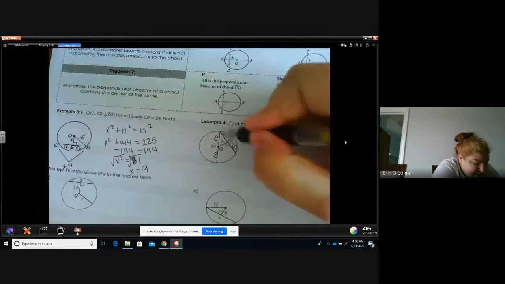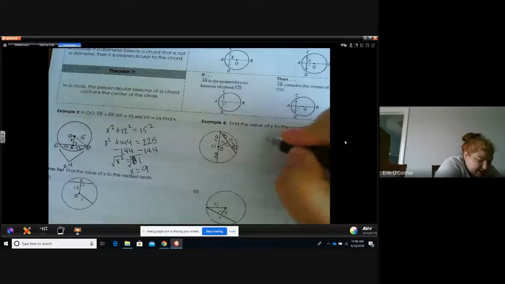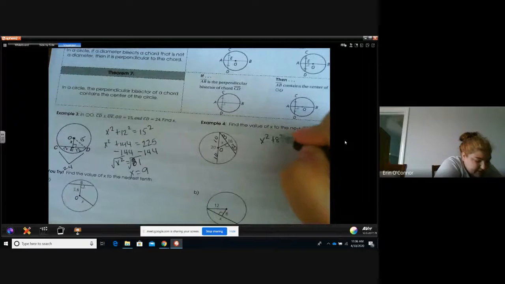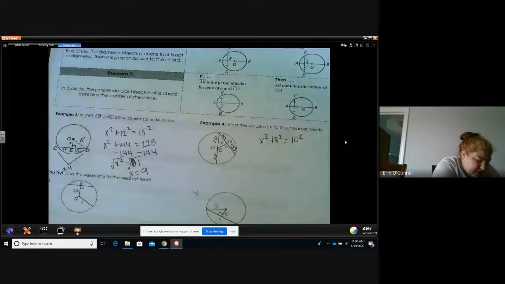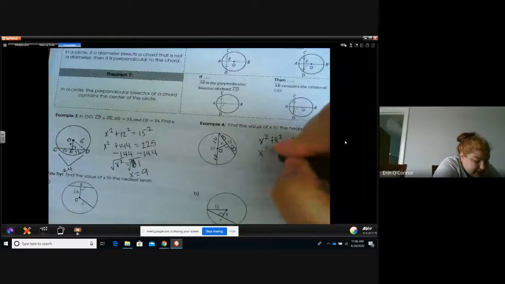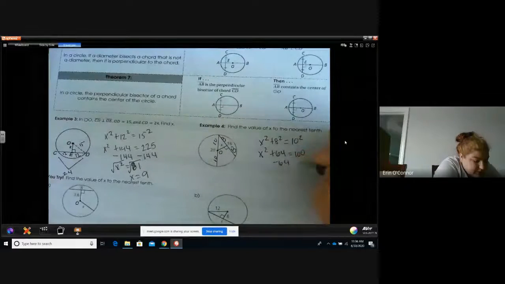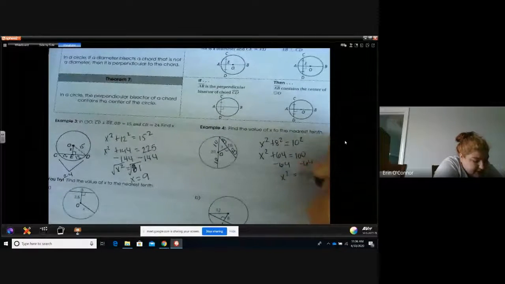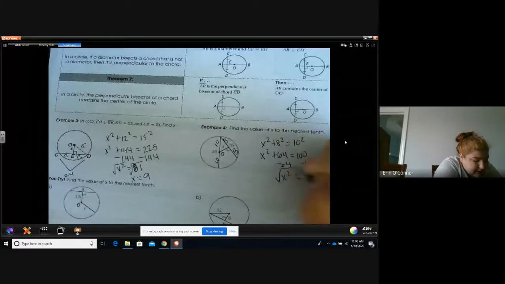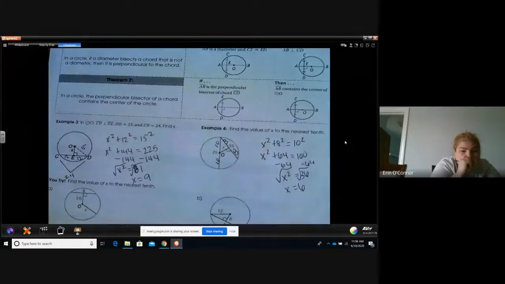I now have this triangle I can work with, and I can do x squared plus 8 squared equals 10 squared. Remember, the hypotenuse is always what goes in for C. X squared plus 64 equals 100. X squared equals 36. X equals 6.